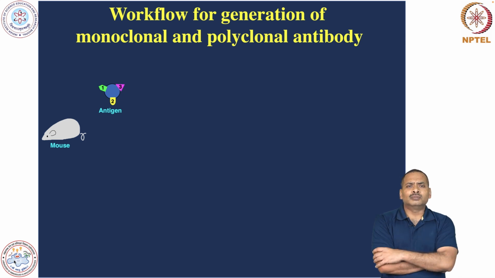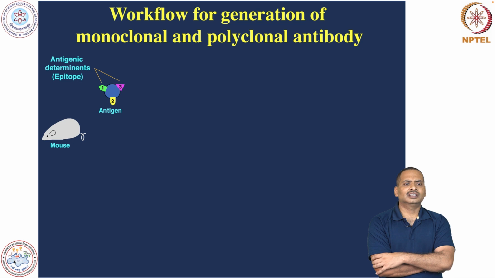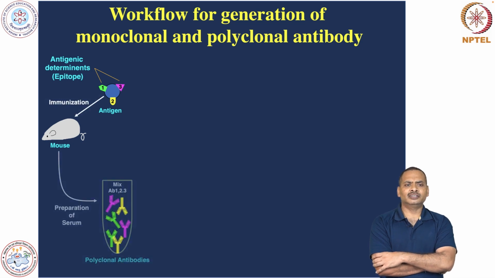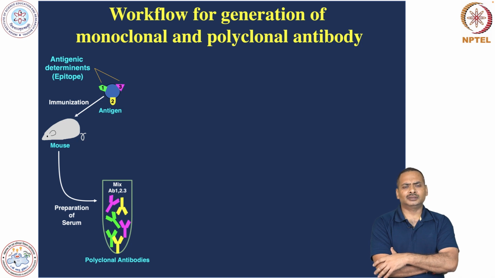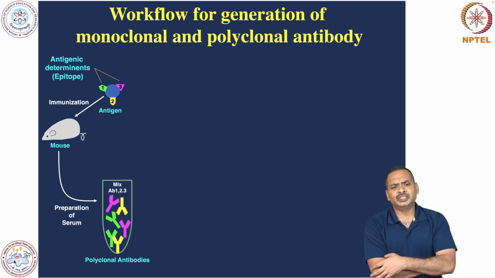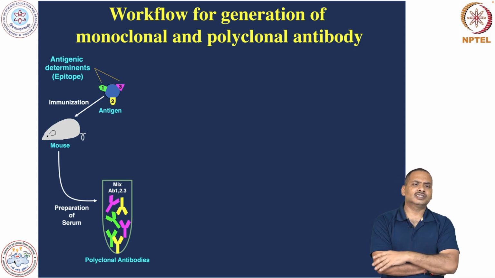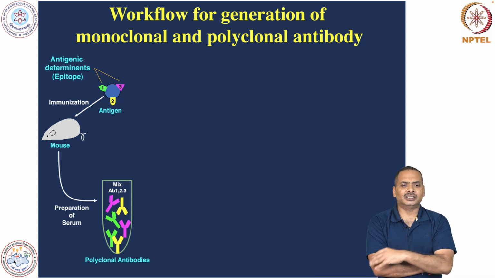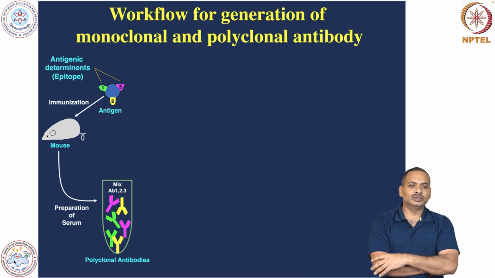When this mouse is challenged with this antigen, after some time there will be production of antibody which will recognize these surfaces, these antigenic determinants. For your convenience, I made the antibody molecules with the same color.